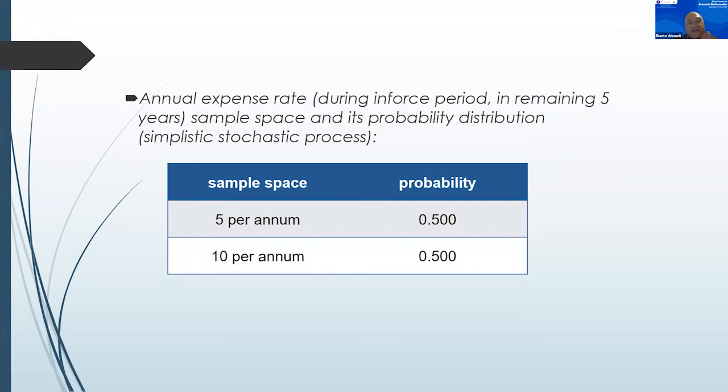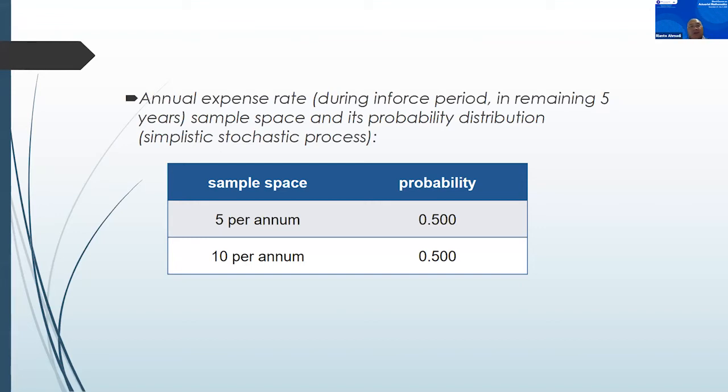So it's like 5, 5, 5, 5, 5 as the first possible outcome with probability 0.5. And the second possible outcome is 10, 10, 10, 10, 10 for the next 5-year period with probability 0.5. Again, this is a very simple stochastic process.